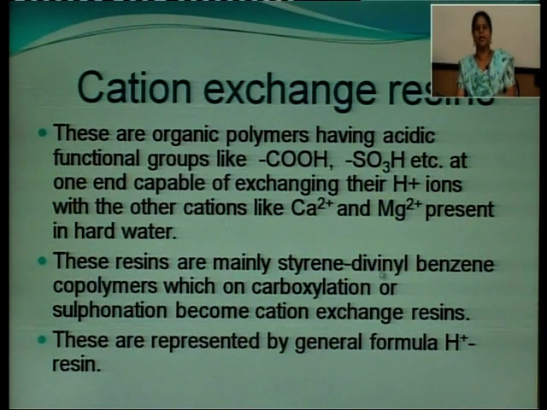Both these groups can exchange their H ions with calcium and magnesium ions. For writing chemical equations, in general we represent them as H ion dash resin, meaning the polymer can exchange this H ion with the cations which are present in water.